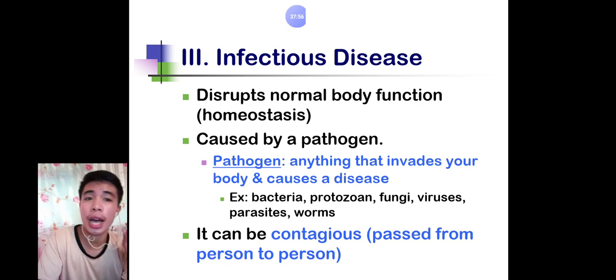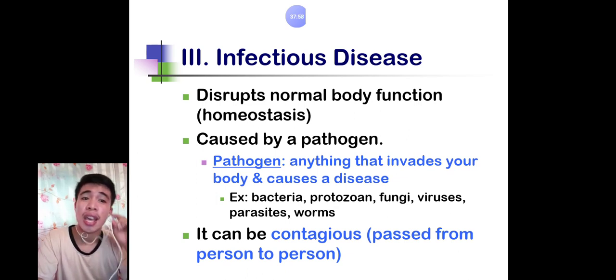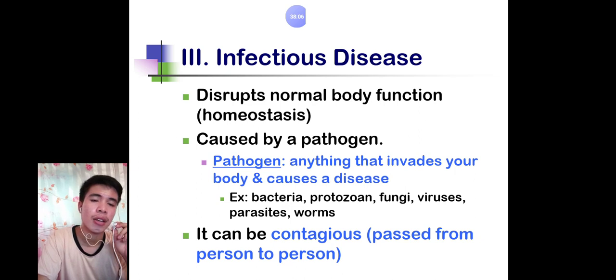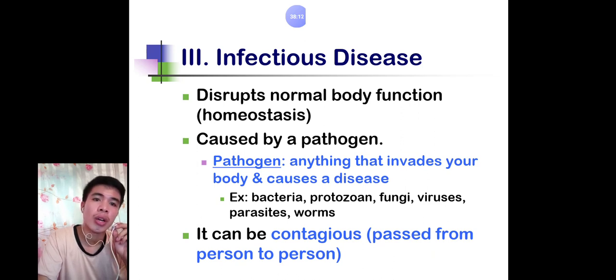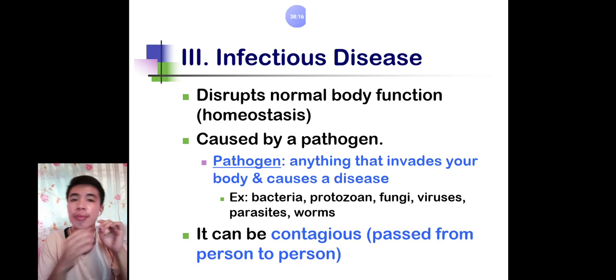Ang mga pathogens is anything that invades your body causes a disease. Bacteria, protozoan, fungi, viruses, parasites, and worms. So, it can be contagious. Contagious means passed from person to person.